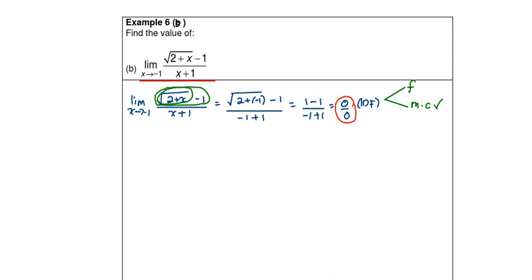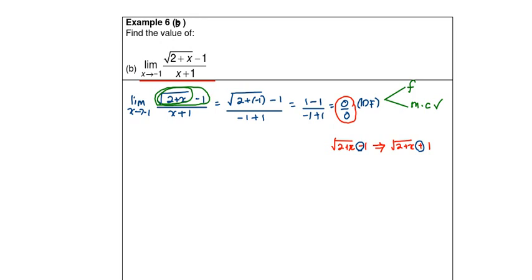Conjugate of square root 2 plus x minus 1 is square root 2 plus x plus 1. The sign of the conjugate is opposite to the original term.